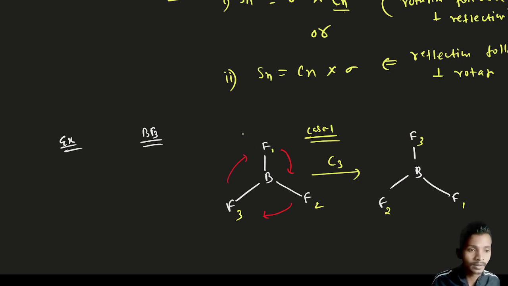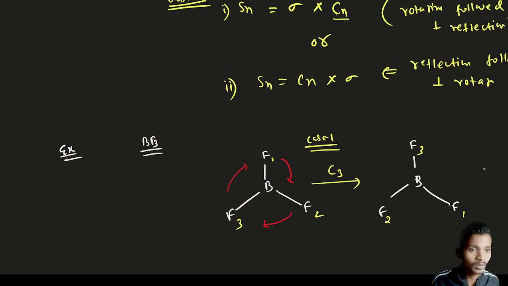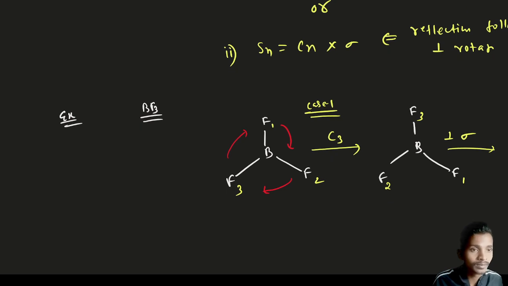This is a planar molecule, so if I apply the reflection perpendicular to this, this will come back and this will also go back. Let me draw how it looks.